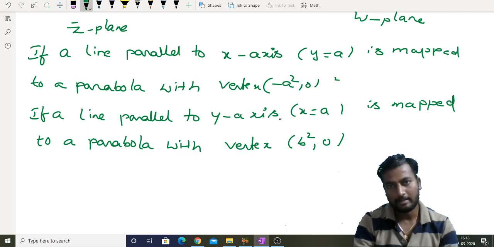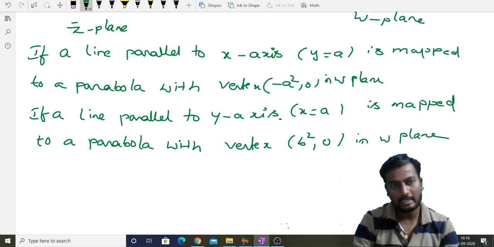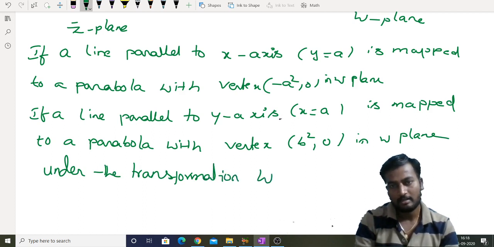So in the w plane, under the transformation, which transformation? w equal to z square. Okay, it is clear.